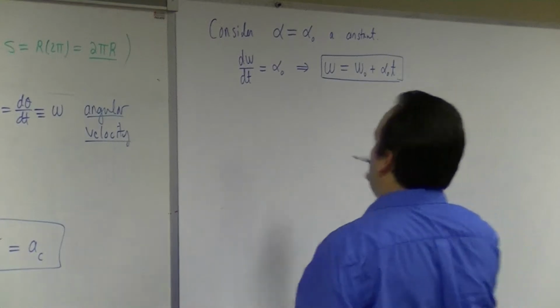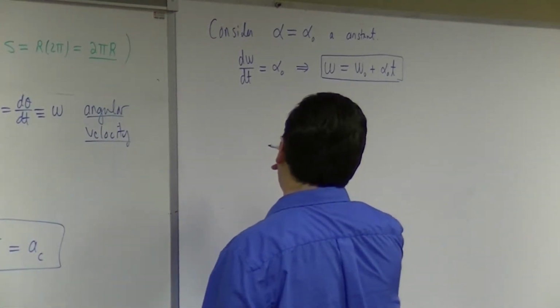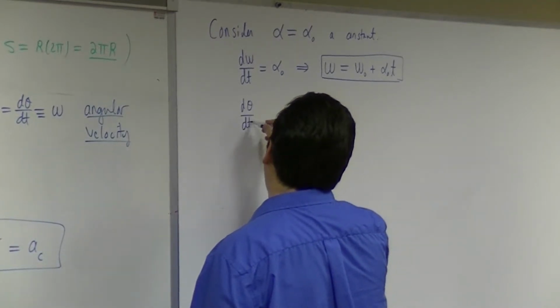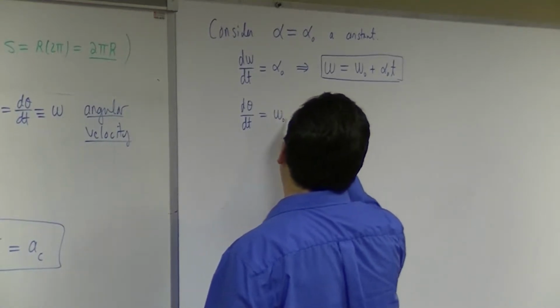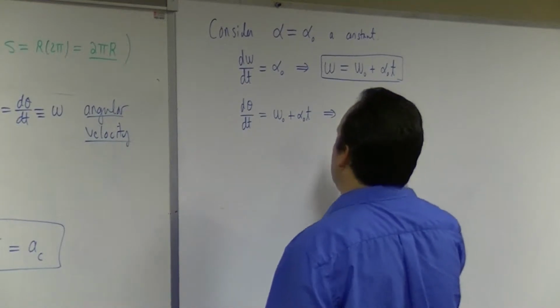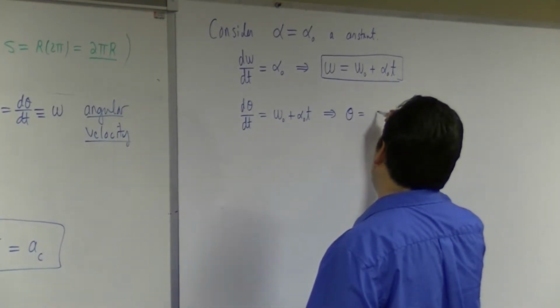And then of course we have d theta dt is equal to omega, but omega is omega naught plus alpha naught t. So if I integrate that, again keeping it short here, I'll add theta naught.